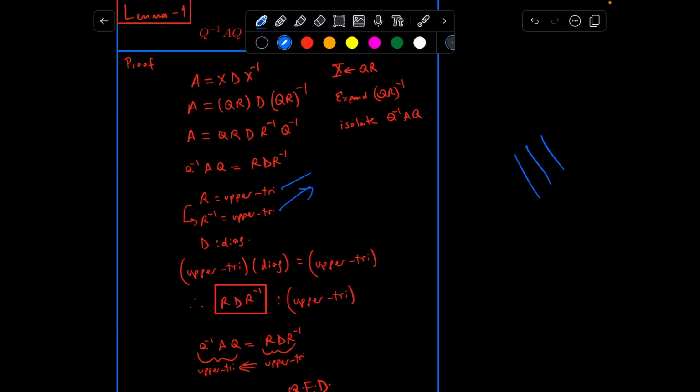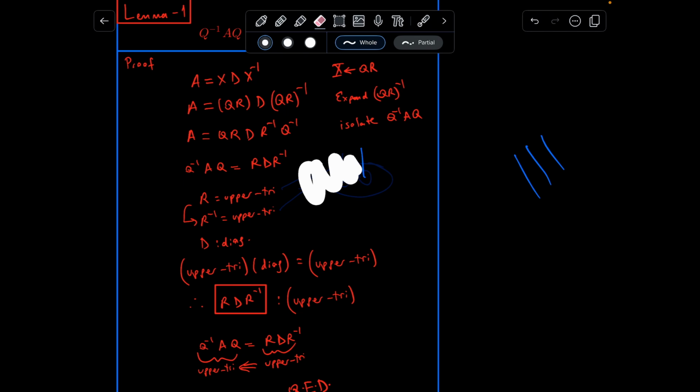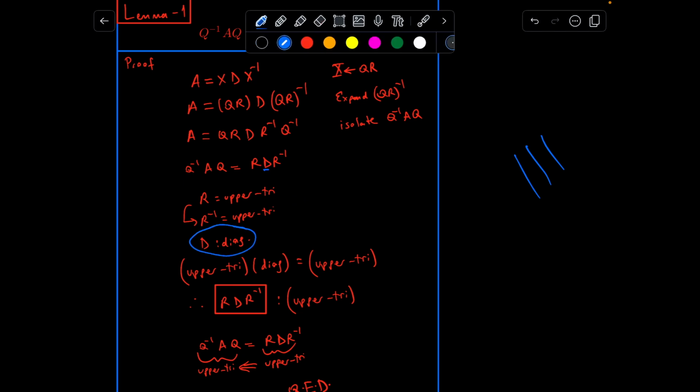This comes from the fact that if you multiply two given upper triangular matrices, what you will end up with will be an upper triangular matrix. Plus D is a diagonal matrix, and another piece of information is that upper triangular times diagonal gives an upper triangular result. So at the end, this right hand side term is an upper triangular matrix.